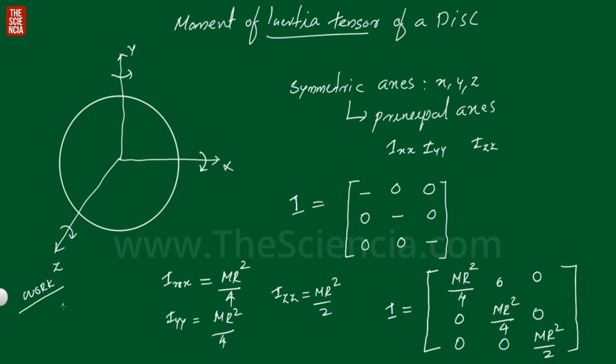Write down for a ring its moment of inertia about its axis and its moment of inertia about its diameter. Similarly for a disk also. Write down on this page itself, so it will help you to recall these equations.